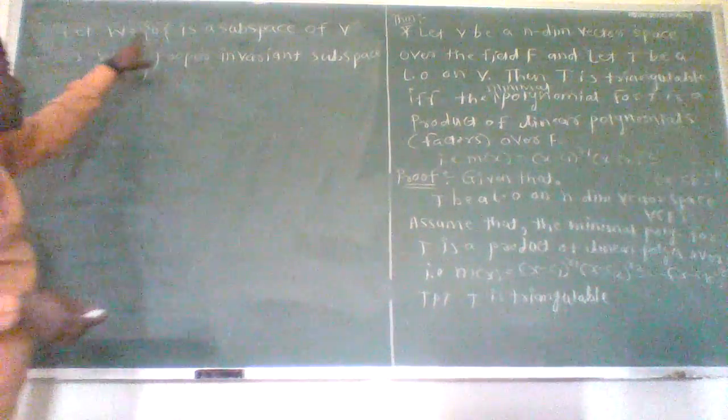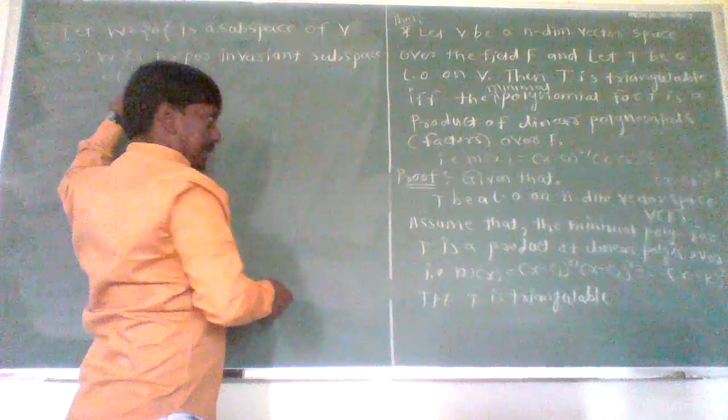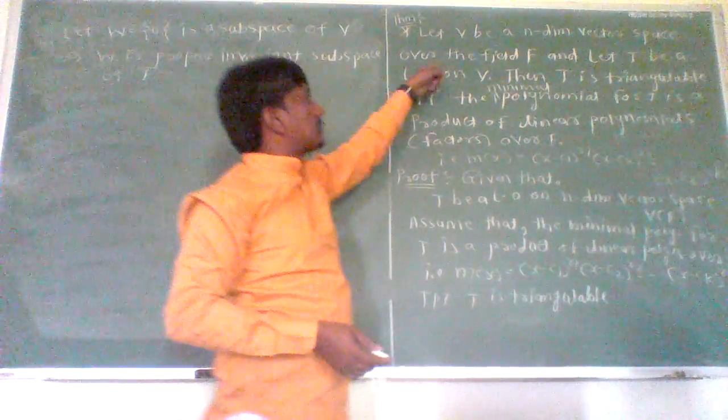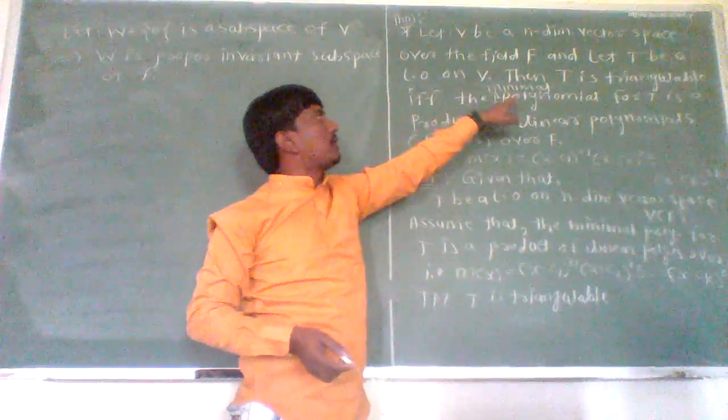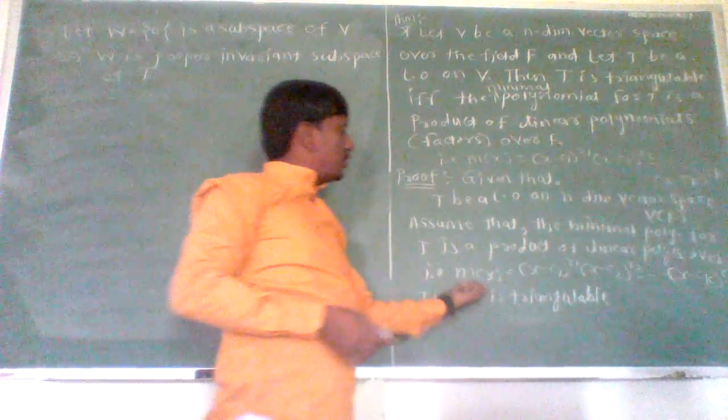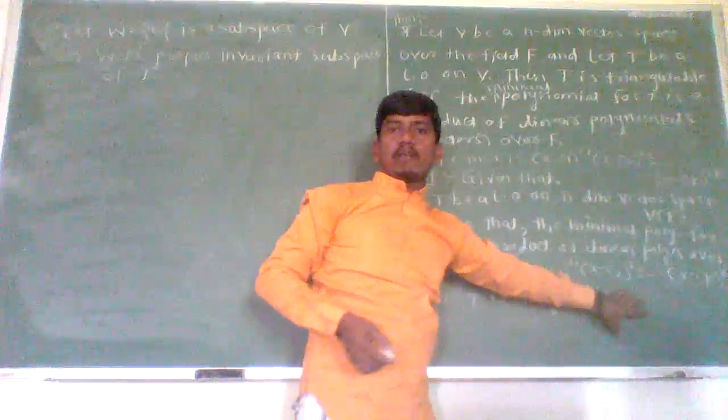So here W is a proper invariant subspace of T, V is a finite n-dimensional vector space over the field F, and T is a linear operator on V, and the minimal polynomial for T is a product of linear factors.